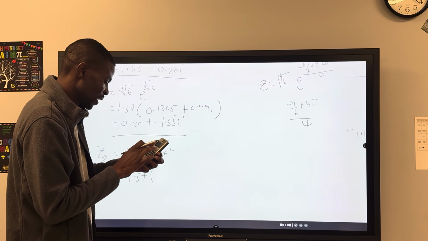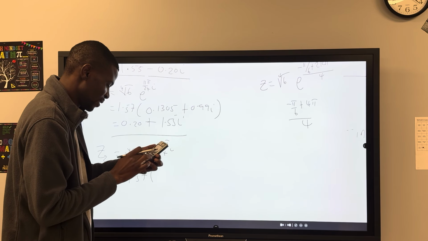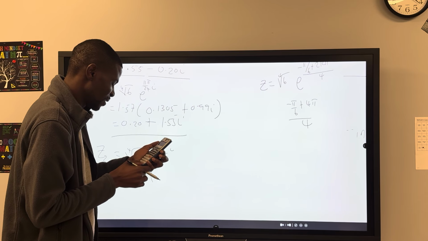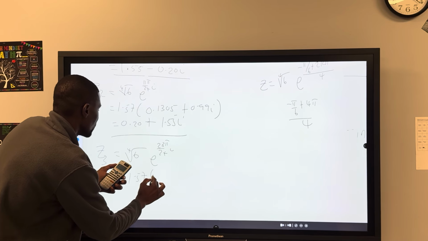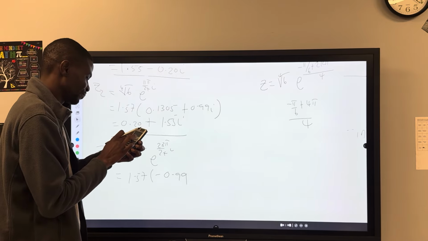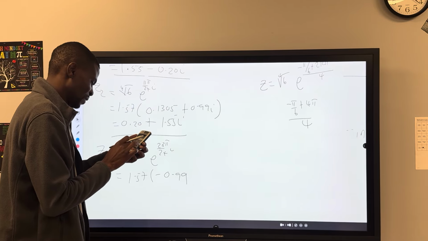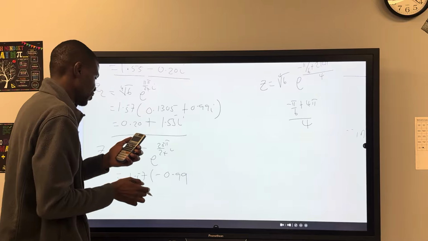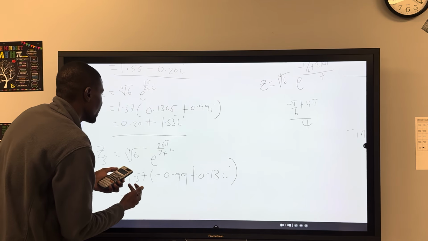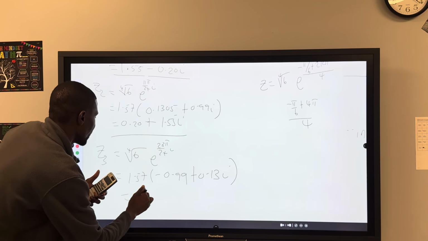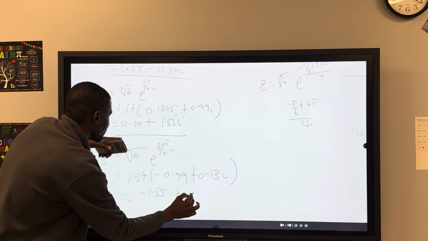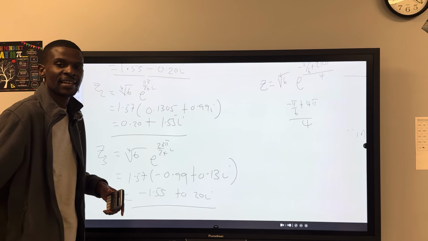When I do cos of 23 pi over 24, it's negative 0.99. For sine, it's 0.13, so plus 0.13i. So we're going to take a negative 1.55, then here plus 0.20i. So this is the third root.